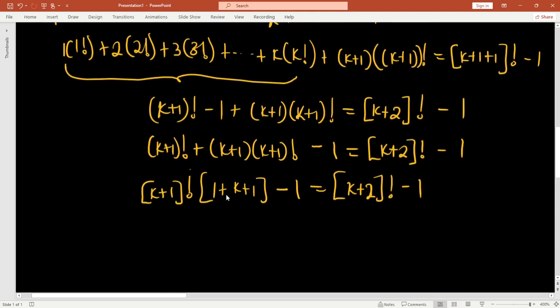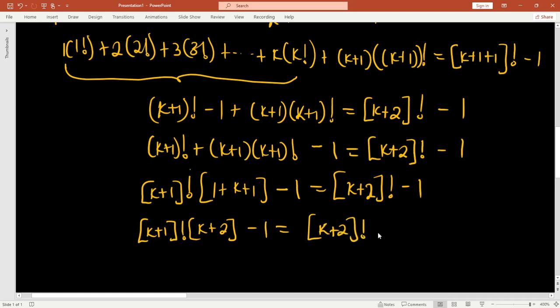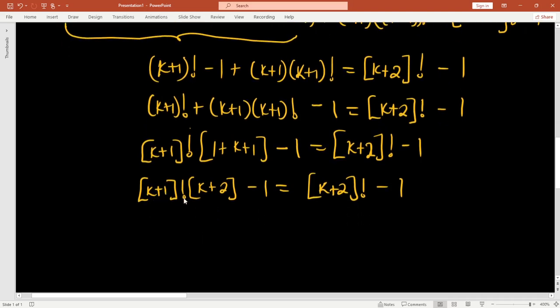So now inside the brackets we're going to have k plus 1 factorial multiplied by, 1 plus 1 gives a 2 here, so we have k plus 2, minus 1 equal to k plus 2 factorial minus 1 here.